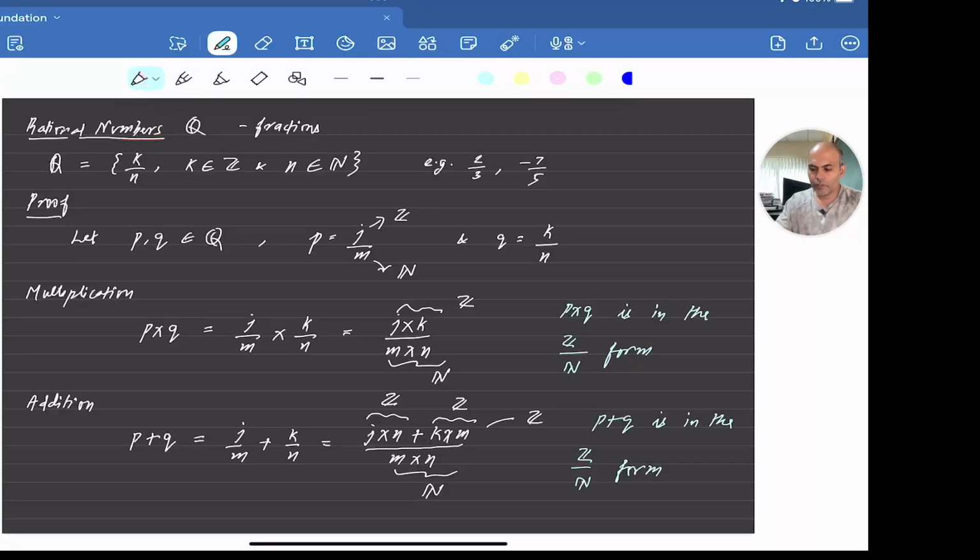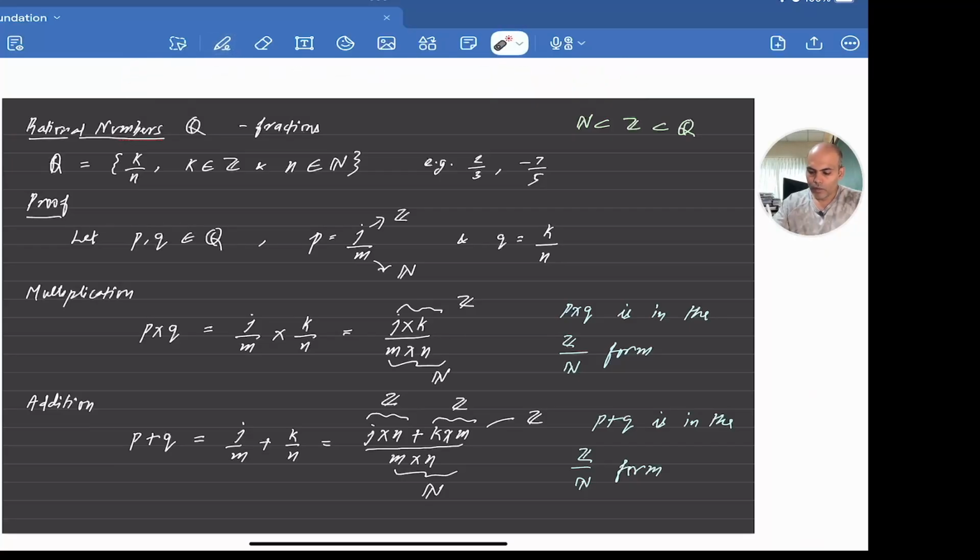So far what we have seen is we started with natural numbers, which form a subset of another number system called integers, and we have also seen that integers also form a subset of another number system, rational numbers.